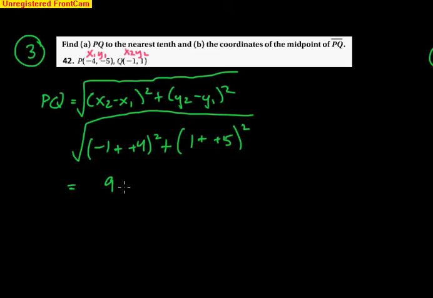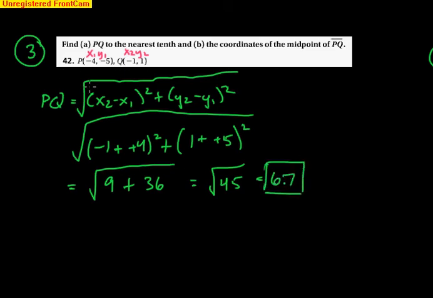And 3 squared is 9. 1 plus 5 is 6. 6 squared is 36. We need to add those together. We get 45. And my handy-dandy calculator will tell me what this is to the nearest tenth. The square root of 45 to the nearest tenth is 6.7.